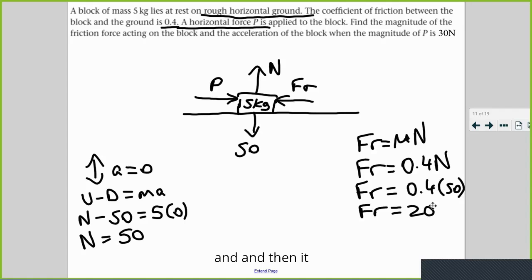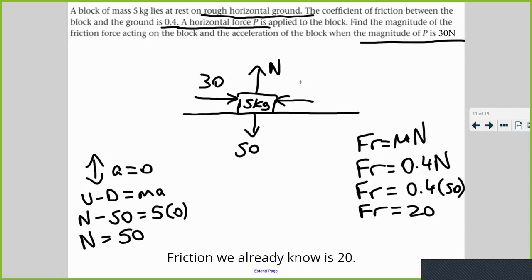And then it says P is 30. Okay, so change P to 30. Friction we already know is 20, right?